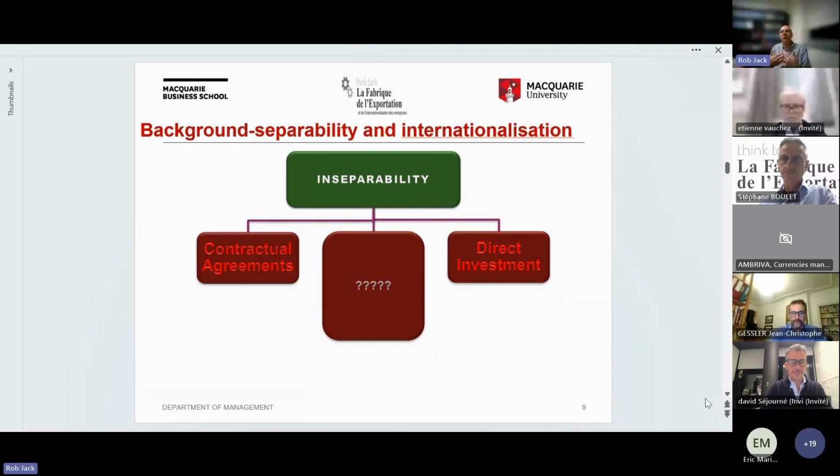Other firms can actually think about doing it through contractual agreements with local partners in international markets, where there's a recognition that perhaps they might not have the resources or the expertise to do it, so they'll contract with a local partner who will do it on their behalf. There hasn't been much thought given to the idea of exporting inseparable services.